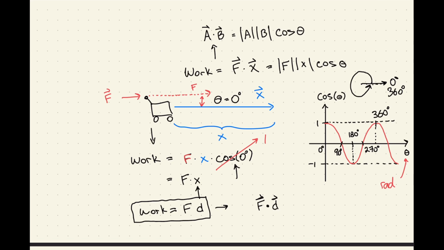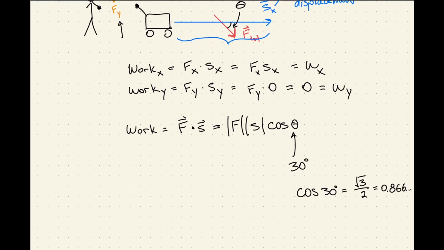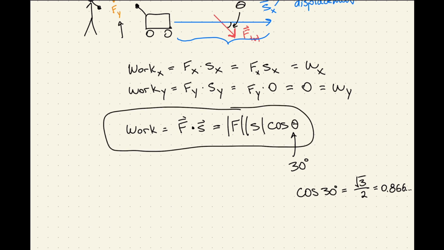So let's just say, actually, we can plug in cosine of 30 degrees. I've actually calculated cosine of 30 degrees, and it's the square root of 3 over 2 exactly, which is about 0.866. So the interesting thing here is that this dot product, like I said before, once you do it fully with the full magnitude of the force vector and full magnitude of the displacement vector, it basically does this decomposition for you.